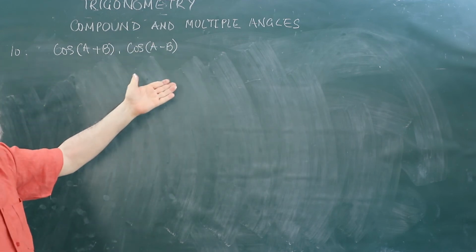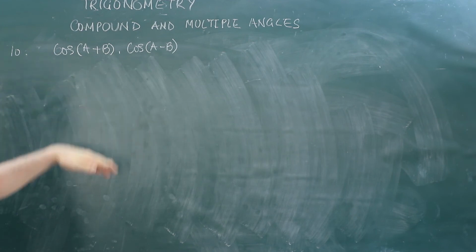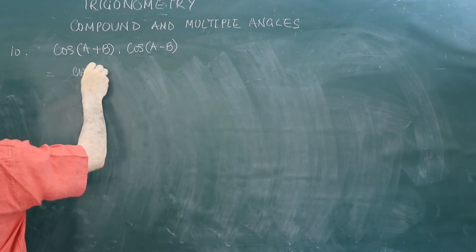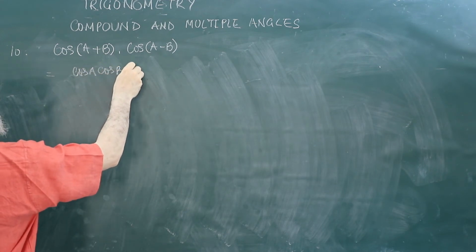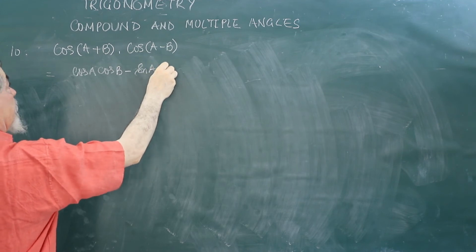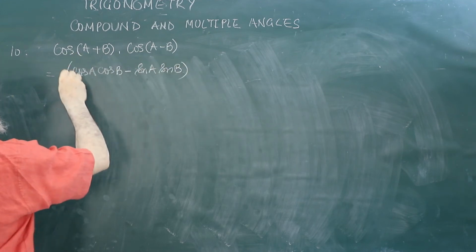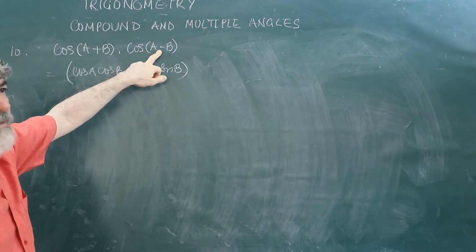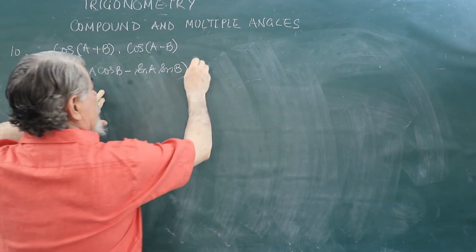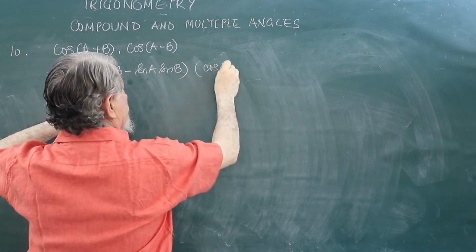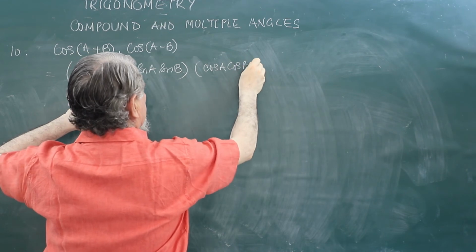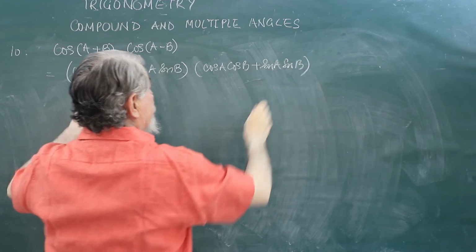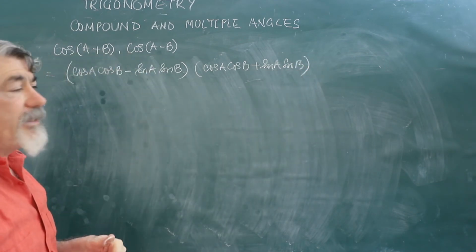Though you should remember it directly, we have to tell you how it comes. Cos(a plus b) is cos a cos b minus sin a sin b. Cos sin and plus to minus, that is the way to remember it. Here minus will change to plus: cos(a minus b) is cos a cos b plus sin a sin b.